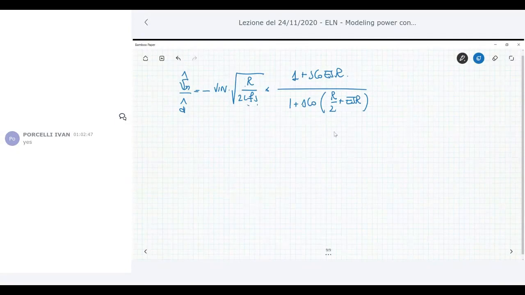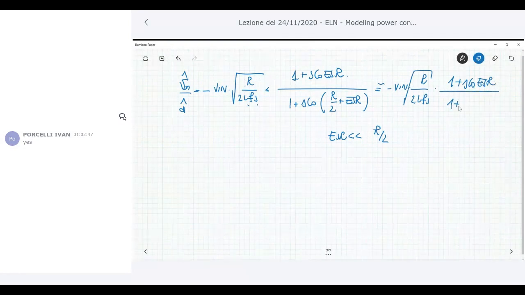Of course, the ESR typically is well less than R divided by 2, so we can write down this one as minus V in R over 2LFS times 1 plus S C naught ESR divided by 1 plus S C naught R and F, like before.